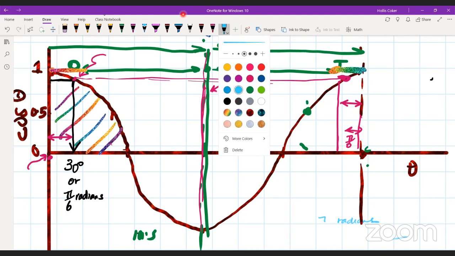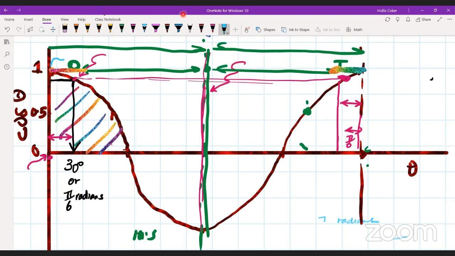I'm saying that this distance from here to here is the same as the distance from here to here. That distance we know to be pi on 6 radians. This angle here we know to be 2 pi radians, that's a complete 2 pi radians.